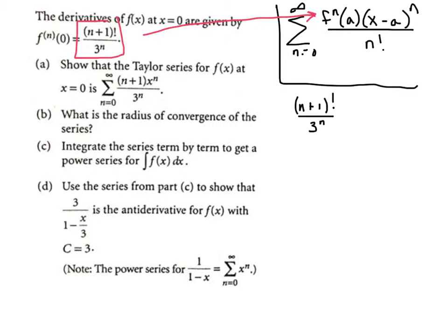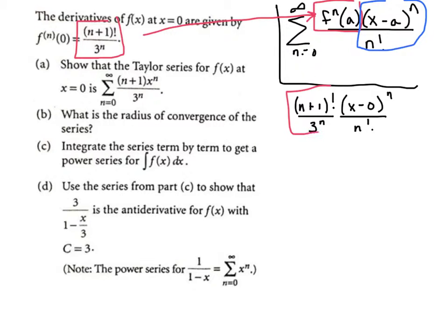Okay, and again, that just is this piece right here. Then I have, it's at 0, so it's x minus 0 to the nth divided by n factorial. Again, that's just doing this piece. Maybe I'll color code this.